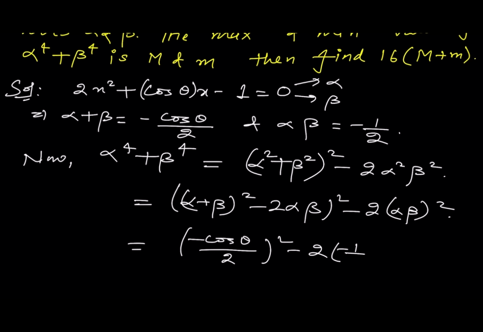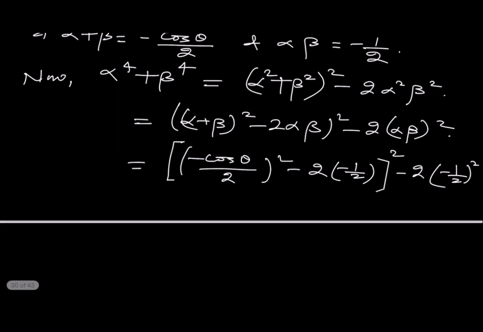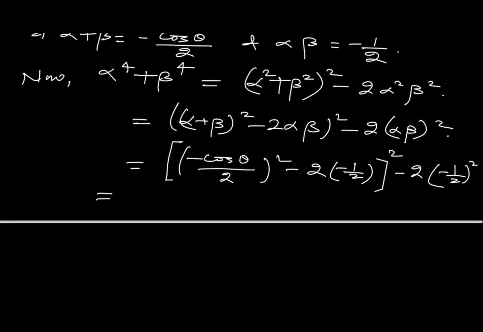So this is (−1/2)... this becomes (cos²θ/4 + 1) whole squared, minus 2 times 1/4, that is minus 1/2.